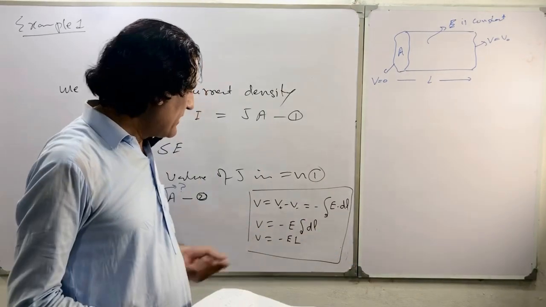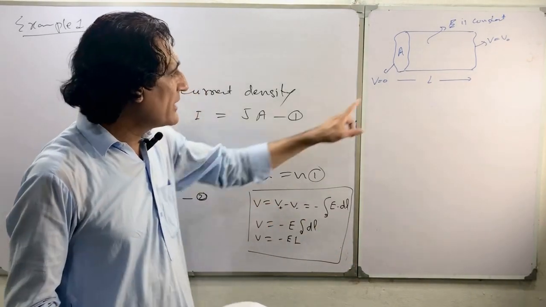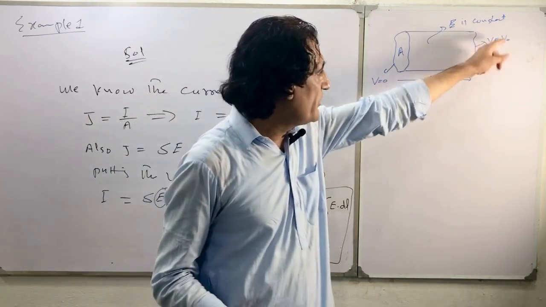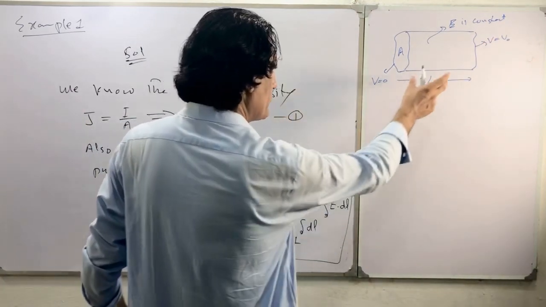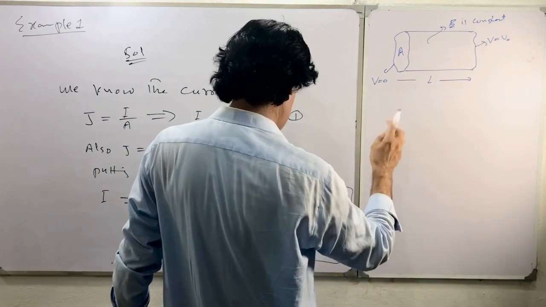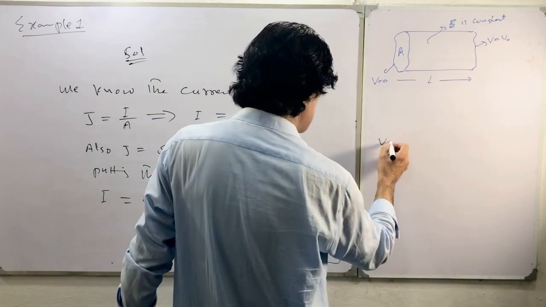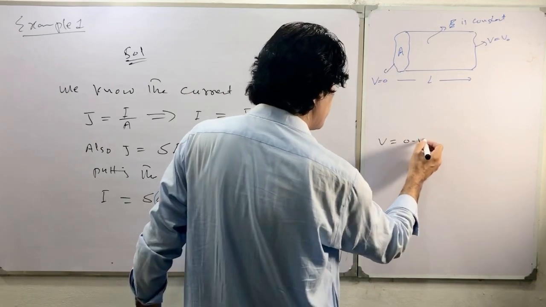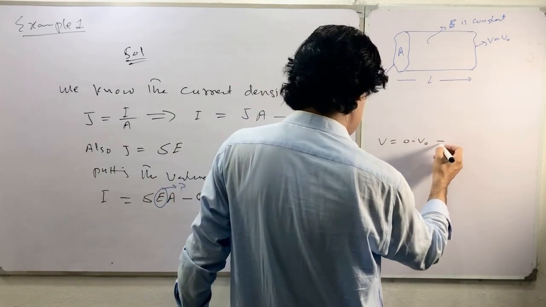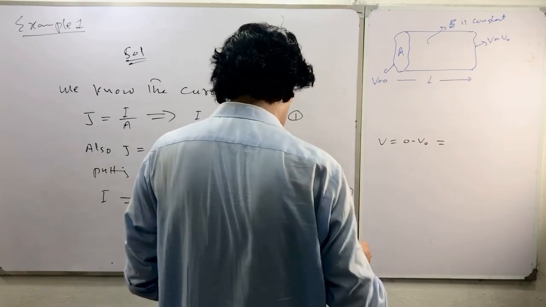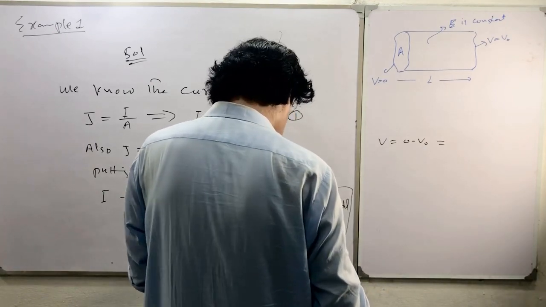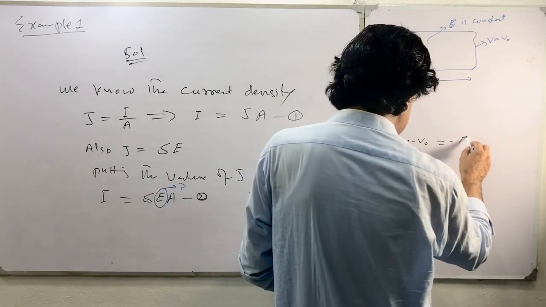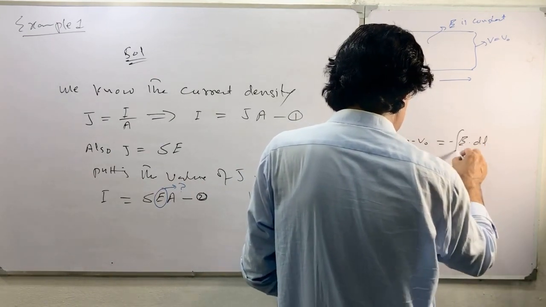But now we have the potential V equal to 0 here, and this potential is equal to V naught. If we use this condition, then we get V is equal to 0 minus V naught, which is equal to minus E dot dl.